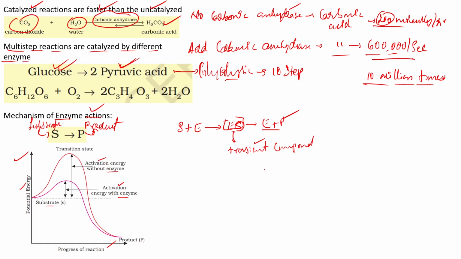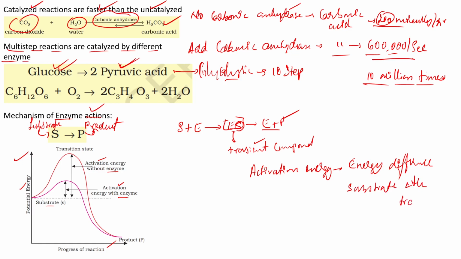So now let us look into the concept of what is activation energy. Activation energy is mainly the energy difference that lies between the substrate and the transition state. Now what do you mean by transition state?